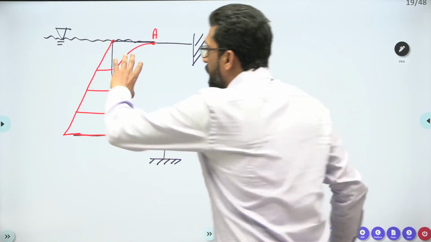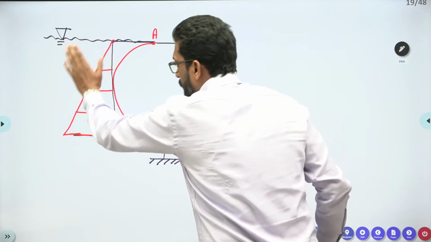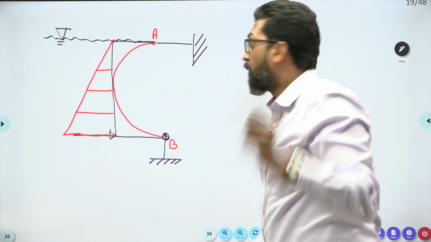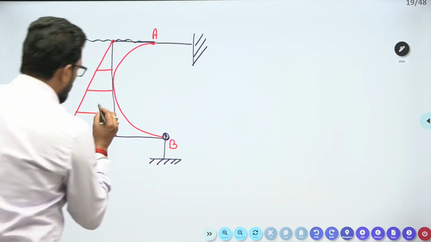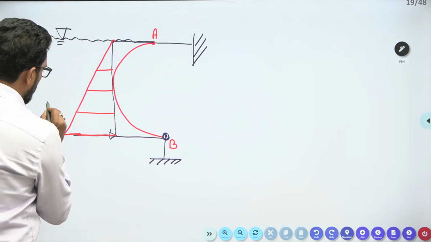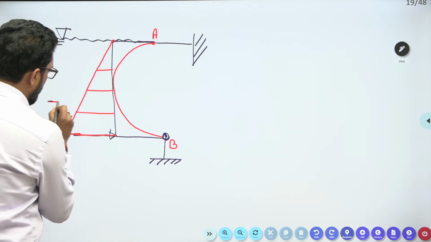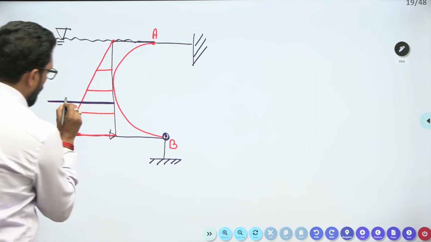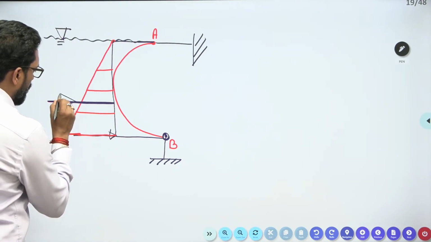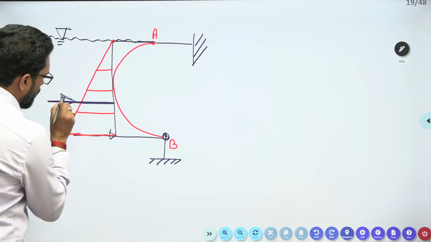That means the center of pressure. The horizontal force FH, where will it act? Where is the position of the horizontal force?